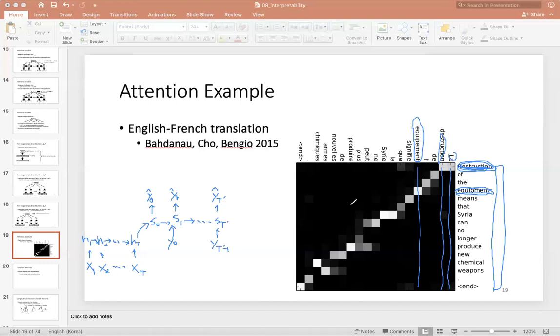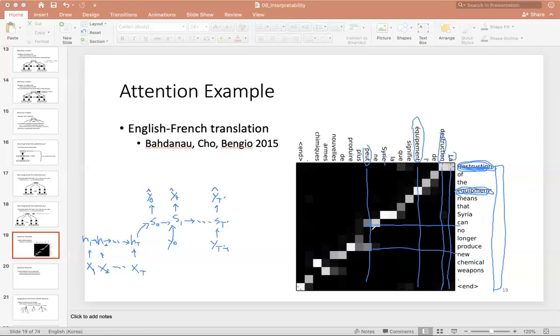There are some interesting exceptions, or maybe not exceptions, but I don't know what this is. Syria is Syria, but this has equal attention distributed both ways, here and here. But I don't know. I don't speak French, so I'm not sure if that's actually the correct attention.